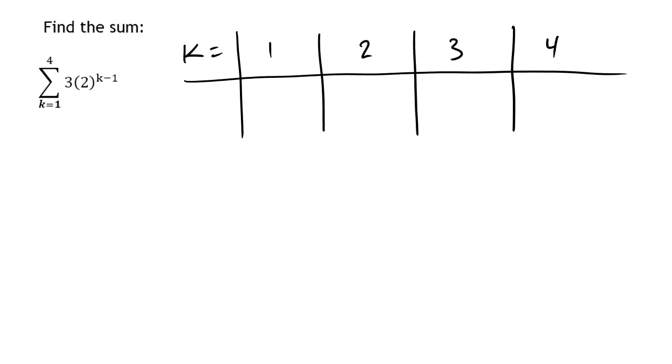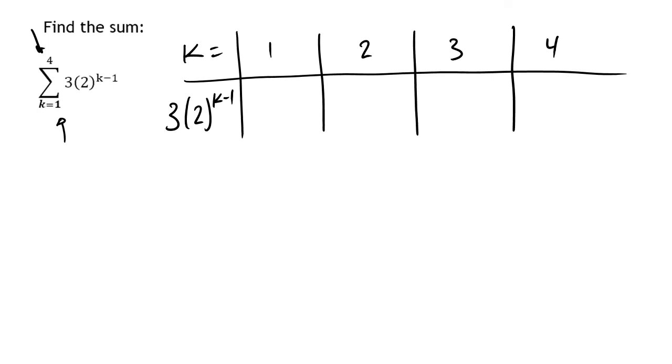So we see that from the indices. Remember, this tells me where K starts, and this says where K is going to end. And each time the expression that we're evaluating to figure out what that particular element is in the sequence is going to be 3 times 2 raised to the k minus 1 power.